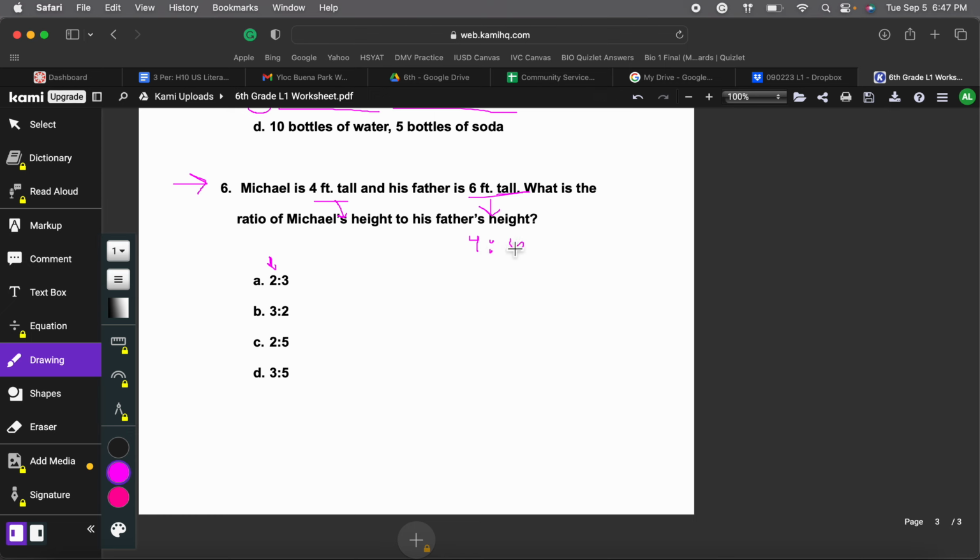And right now it's an unsimplified version, so one of these answers will be the simplified version of that. So we know that both 4 and 6 are divisible by 2. So if we divide both of them by 2, we would get 2 to 3, because 4 divided by 2 is 2 and 6 divided by 2 is 3.